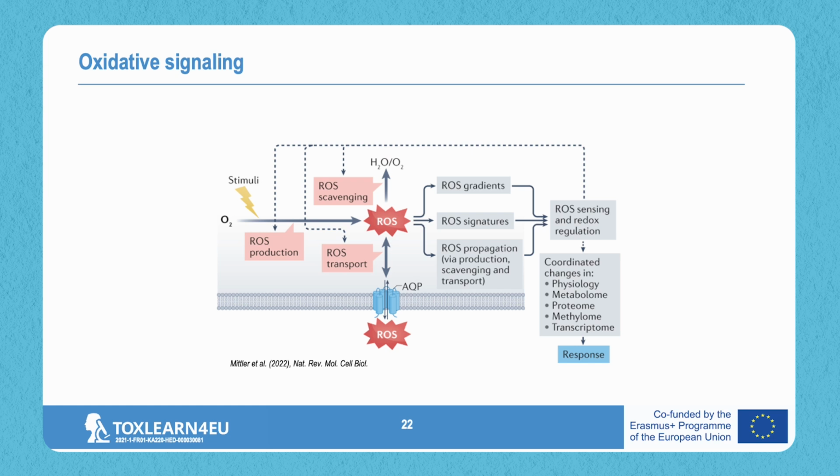This all together will lead to the formation of a certain amount of reactive oxygen species that is deciphered in ROS gradients, so how much do we have; ROS signatures, which type of ROS do we have; and ROS propagation, which indicates how ROS can move via production, scavenging and transport within the system.